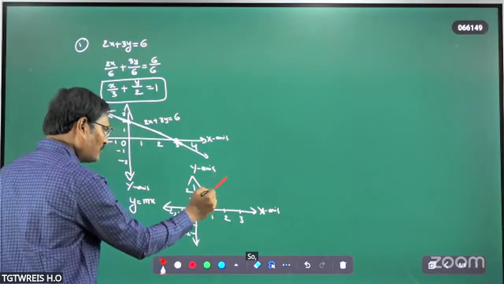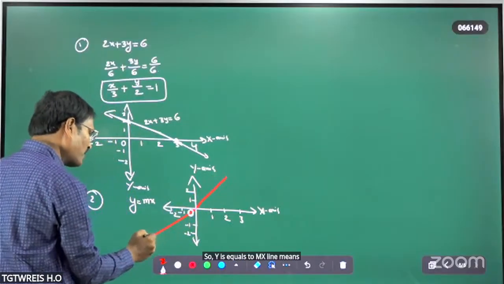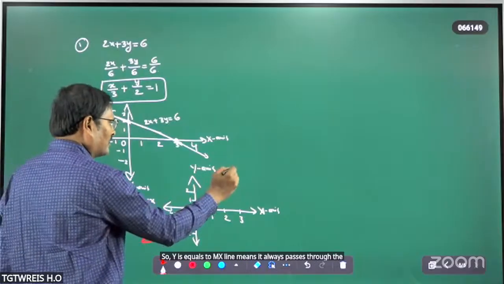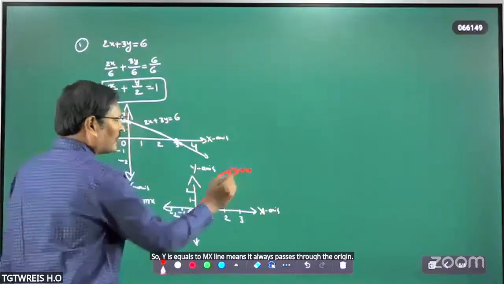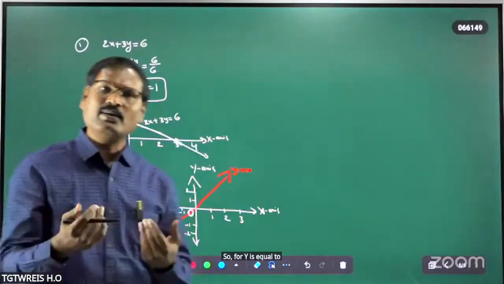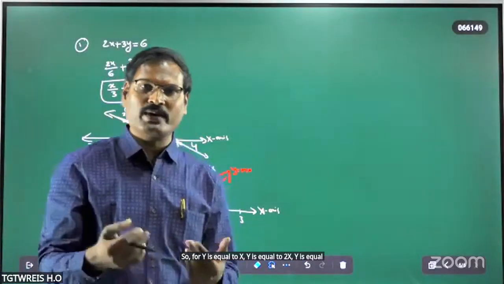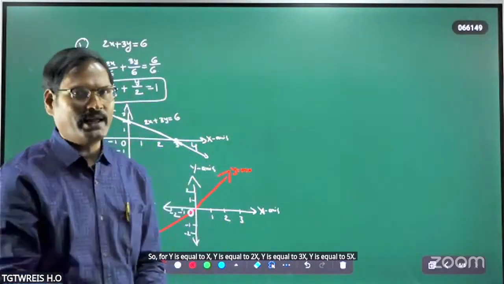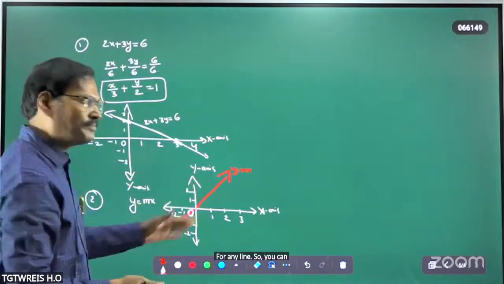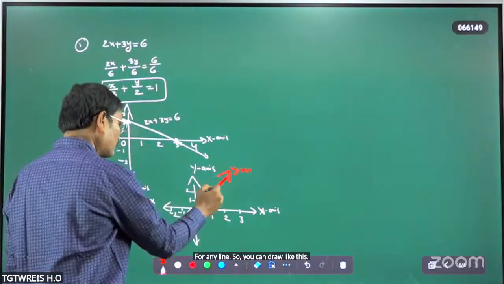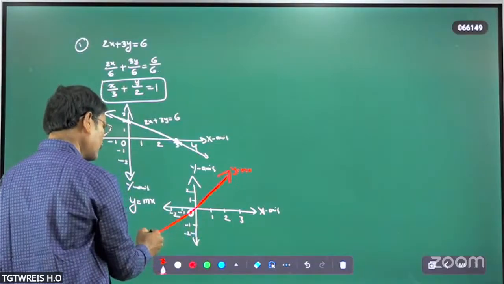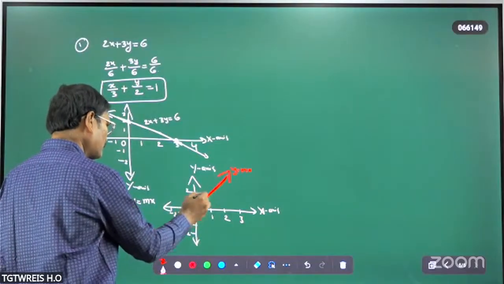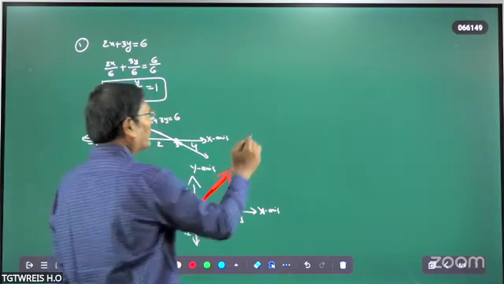So the y is equal to mx line always passes through the origin. So for y is equal to x, y is equal to 2x, y is equal to 3x, y is equal to 5x, for any line, you can draw like this. Y is equal to mx.